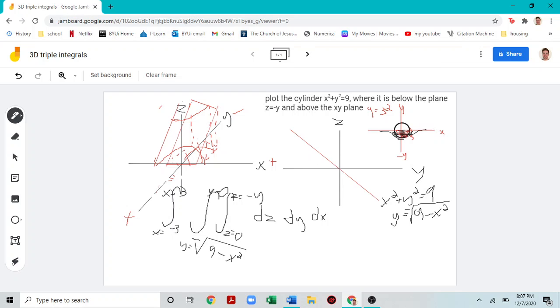I'm going to do that till 0, so on the line right here. And then it's going to be from this with this 3D figure. However you want to make this look a little nicer, that's what I would suggest. It should look something like this, 3D wise. It's going to look a little ugly on the computer, but in handwriting it's going to be a little better. And that's how I solve it. That's what it looks like.